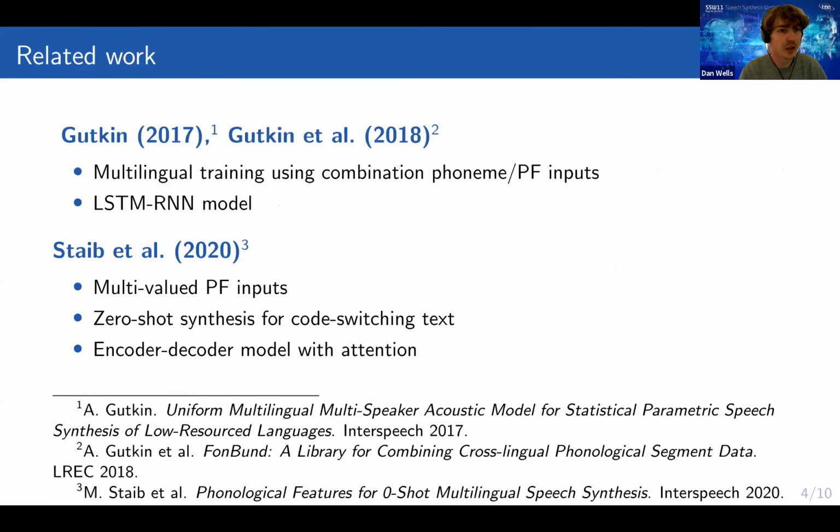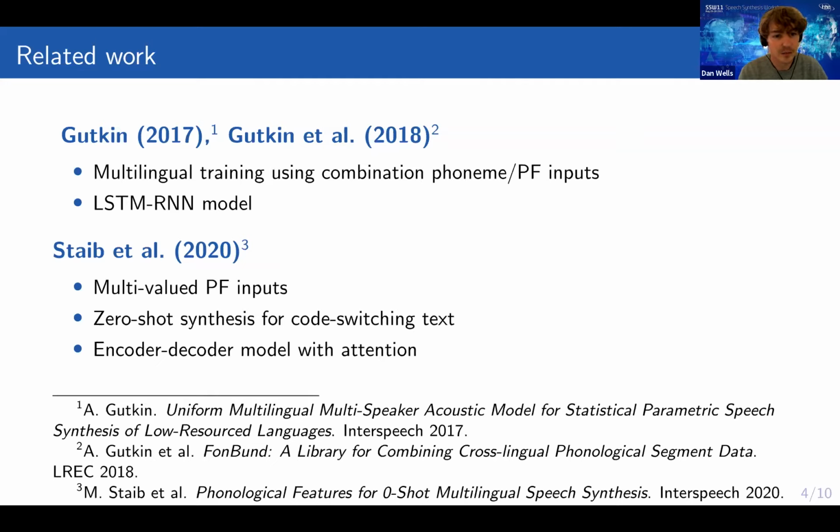So just a brief survey of some previous work that's used these phonological feature inputs. Gutkin and colleagues have looked at multilingual training using some combination of phoneme and phonological feature inputs, and they found some improvements in naturalness ratings for low resource languages, especially compared to training from scratch with very little data.